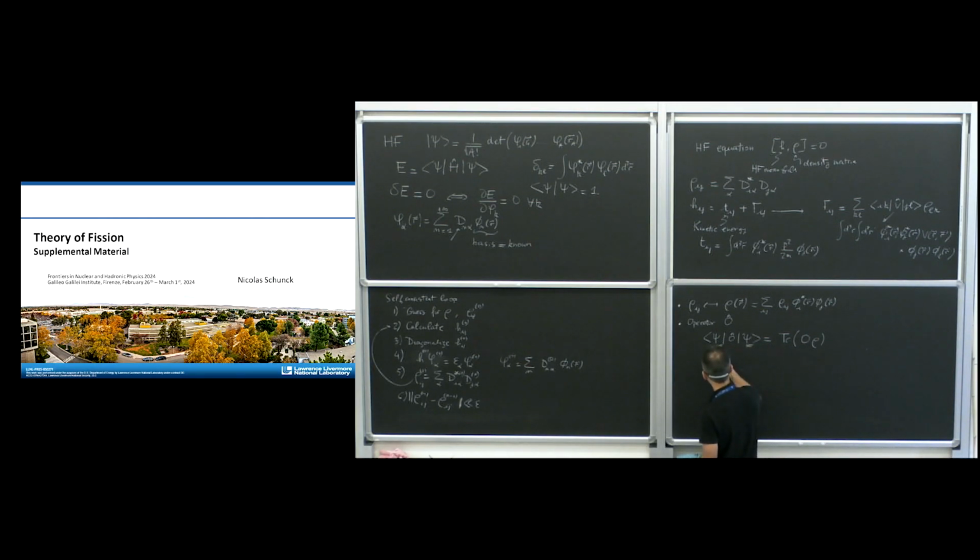Let's suppose that the operator would be the root mean square radius, which means nothing but R square. That's an operator. You can calculate now the expectation value of your R square, which is the root mean square radius. And then this could be given by the trace of R square in the basis.